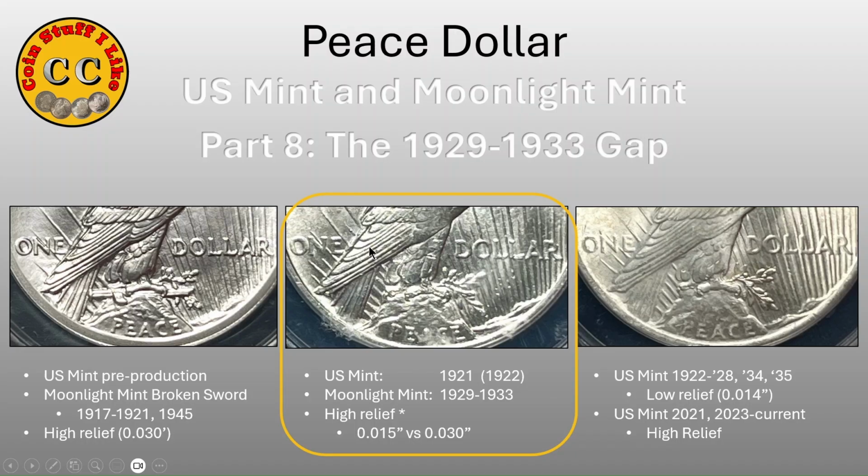Notice also there's 4 arrows here below the 1 in the high relief 1921, and there's only 3 arrows below in the low relief design that was used from 22 to 35.